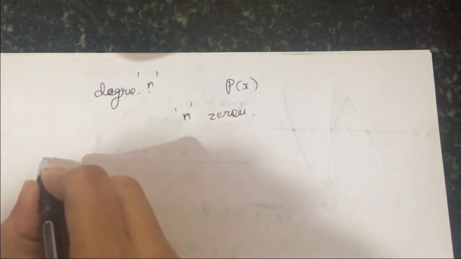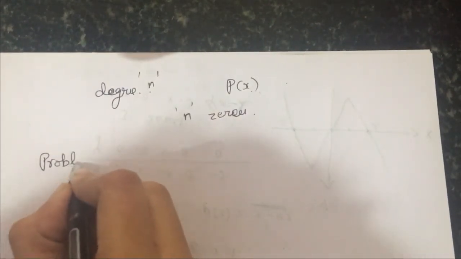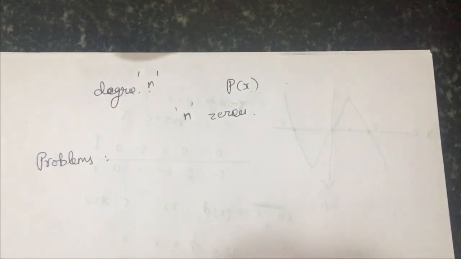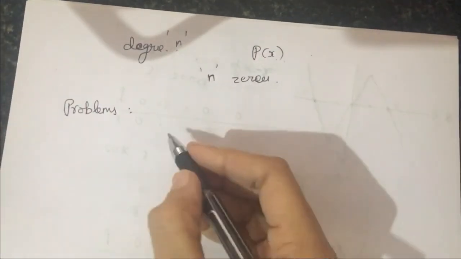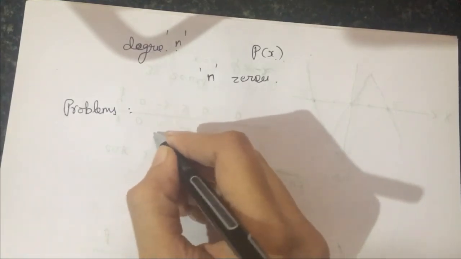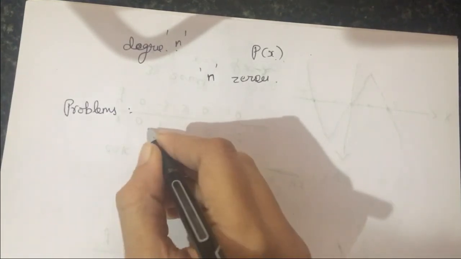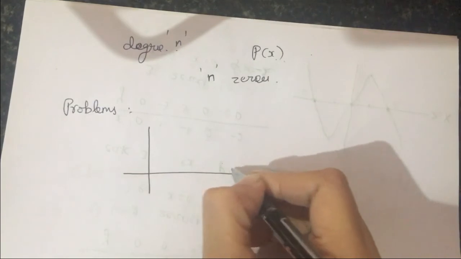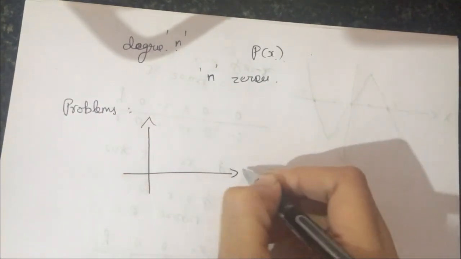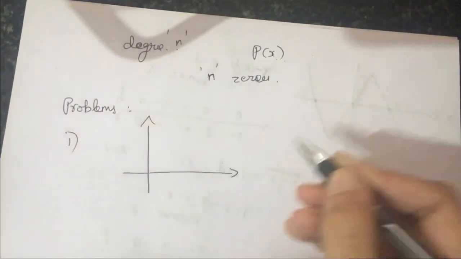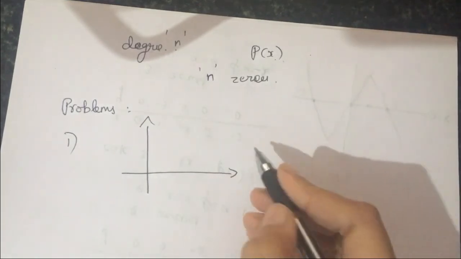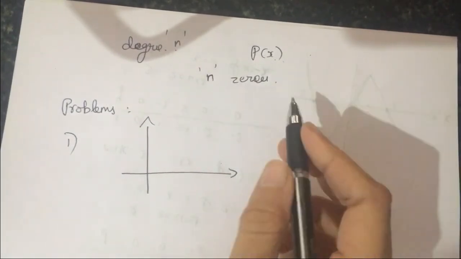I have a few problems for you. You just write down. Let me know how many zeros these graphs have. Okay, I'm representing a few polynomials in graphs, and you check out how many zeros the graph has. In fact, the polynomial has.